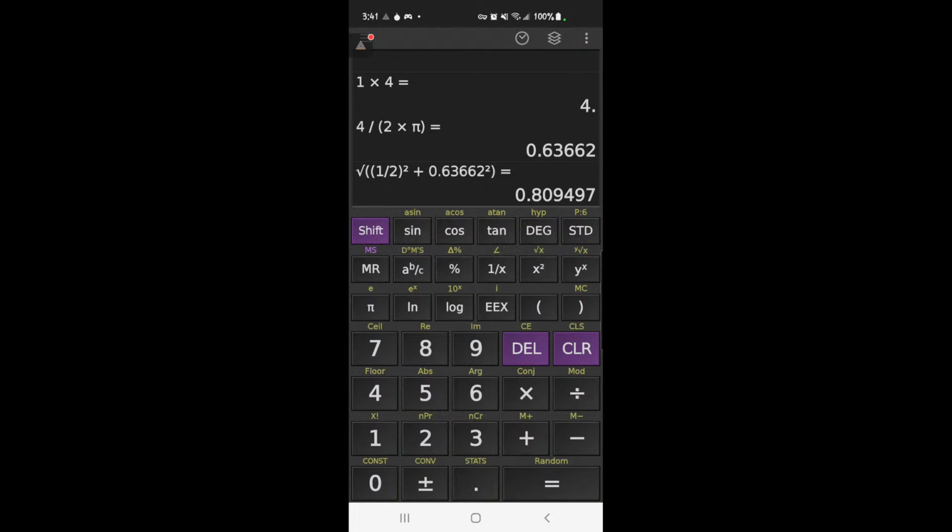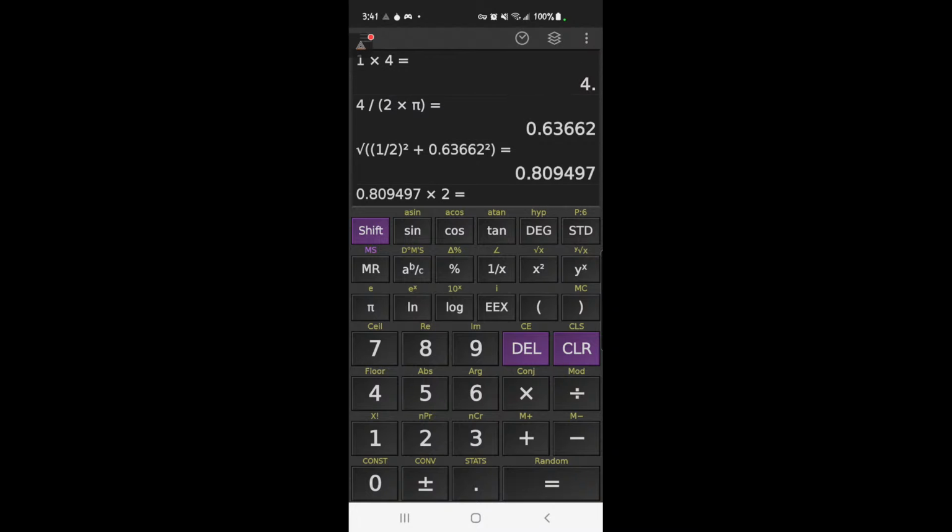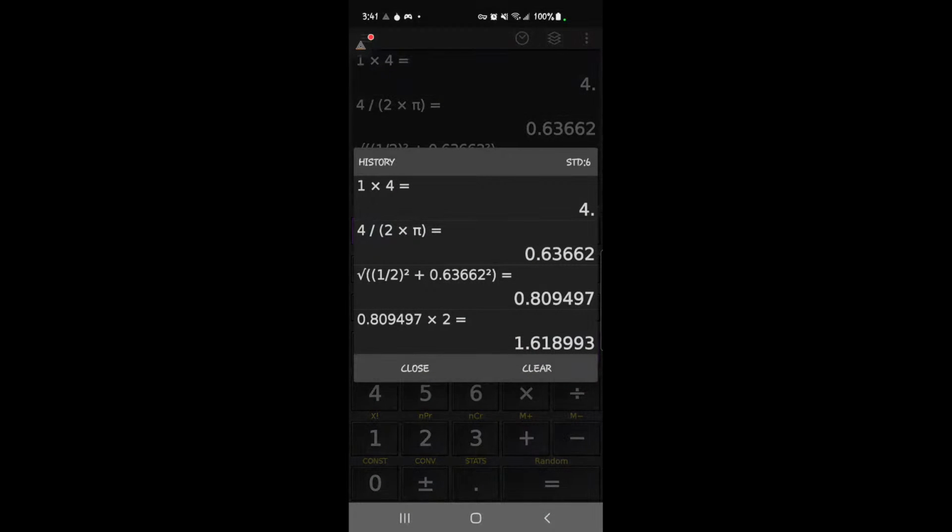What does that look like? Multiplied by 2, it looks like a golden ratio. What do you know? It looks like a golden ratio. Okay.